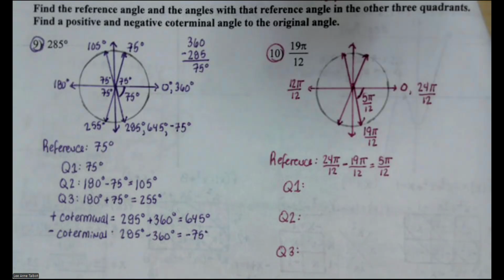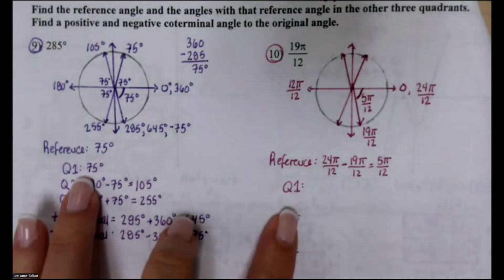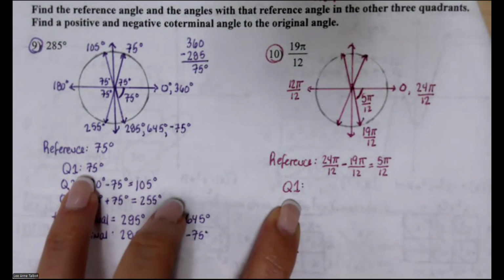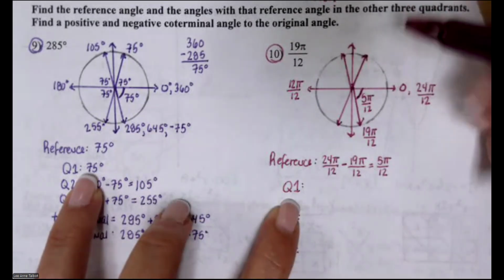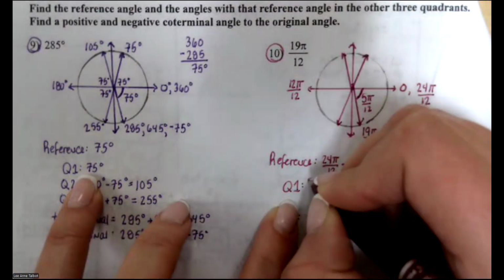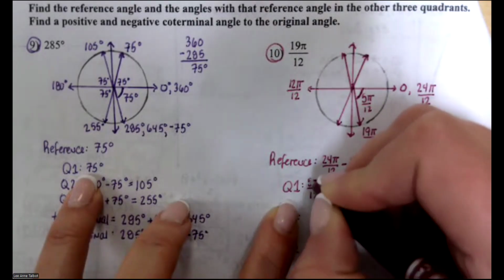Okay. Now, quadrant 1, I'm looking back at my degrees. Quadrant 1 is always in between 0 and 90, and it's the same as the reference angle. So quadrant 1 is 5 pi over 12.